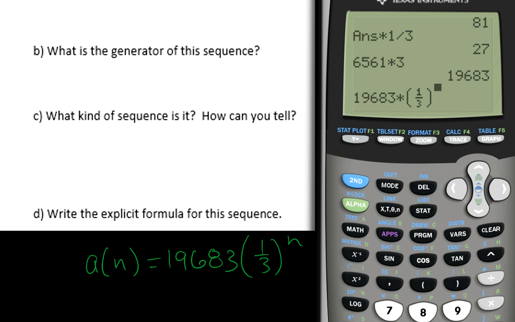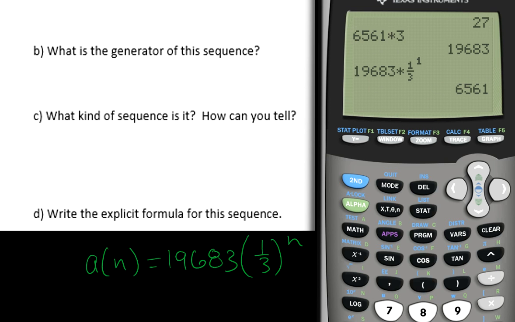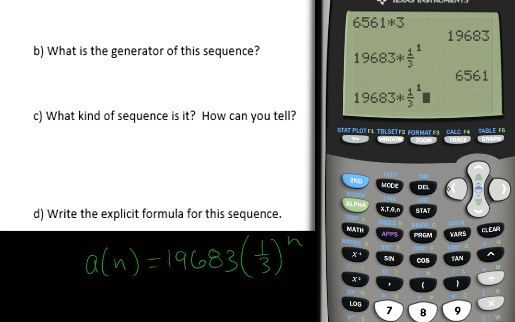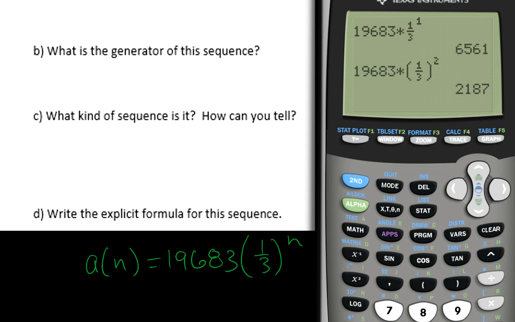If I put it to the first power, I get exactly the first term, 6,561. Now if I come back up and grab this whole expression again, and edit it to evaluate to the second power, it'll give me the second term in the sequence. It is 2,187, exactly what the second term should be.